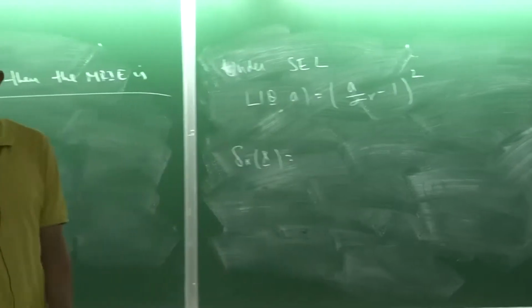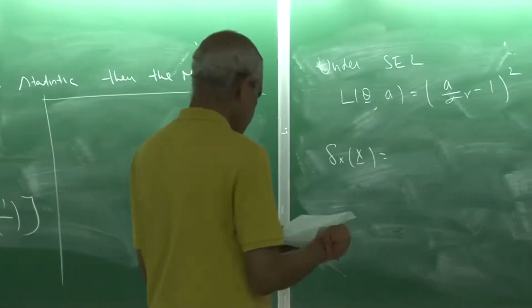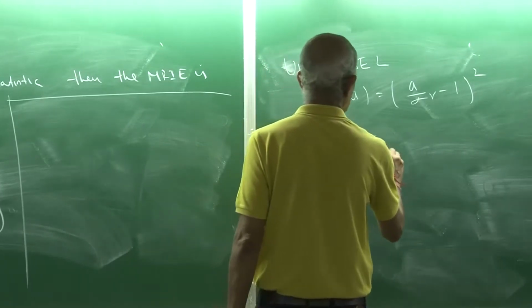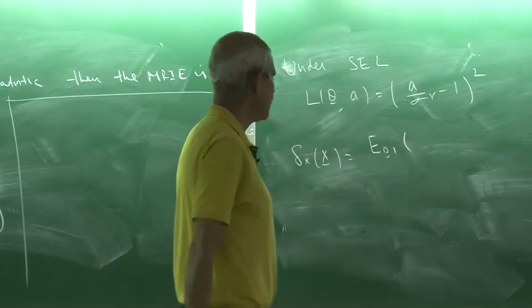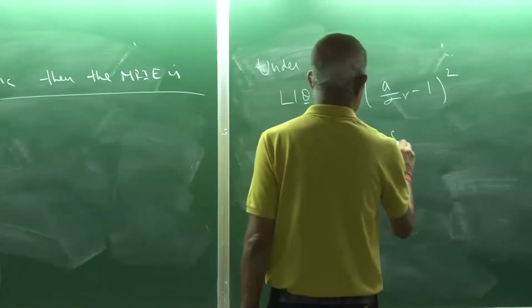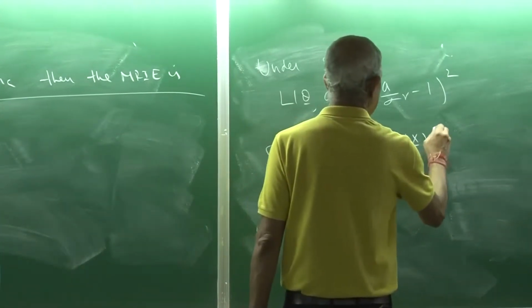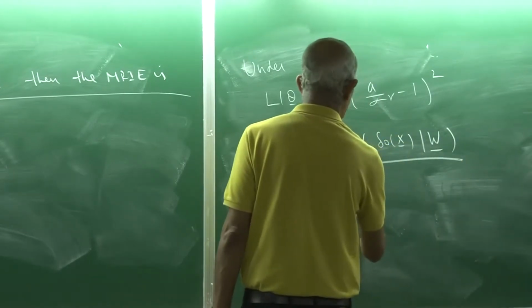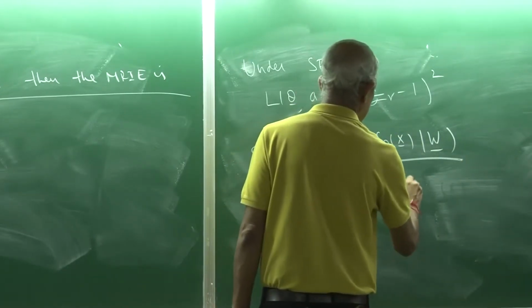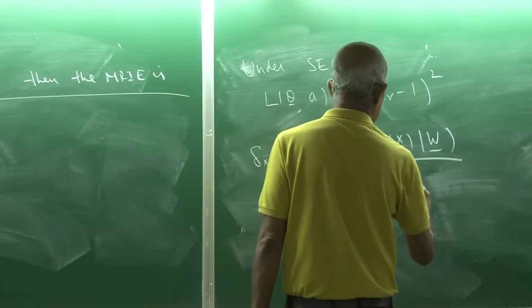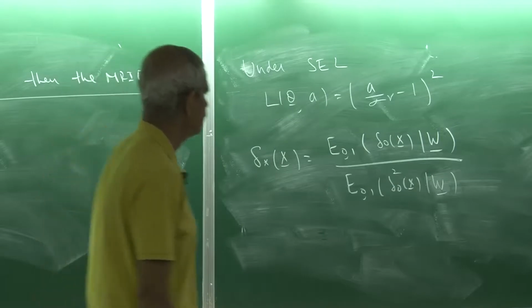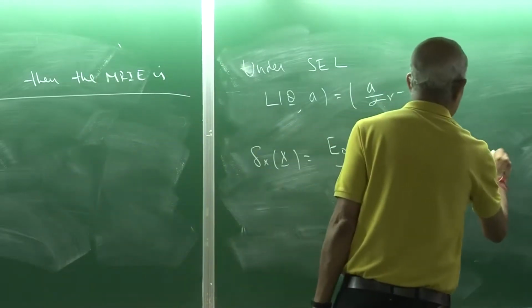It would be nothing but 1 upon u star, which we had seen over there was nothing but expected value with mu equal to 0, sigma equal to 1, of delta naught x given w, divided by E0,1 of delta naught square x given w, and then delta naught x.